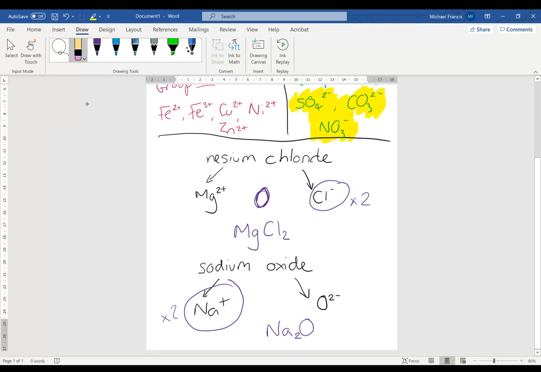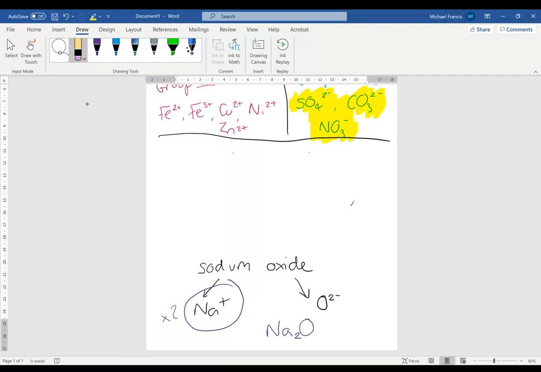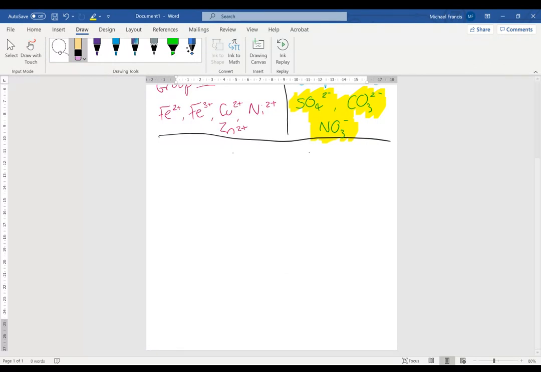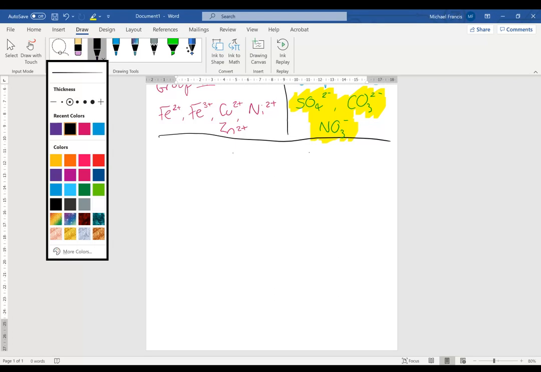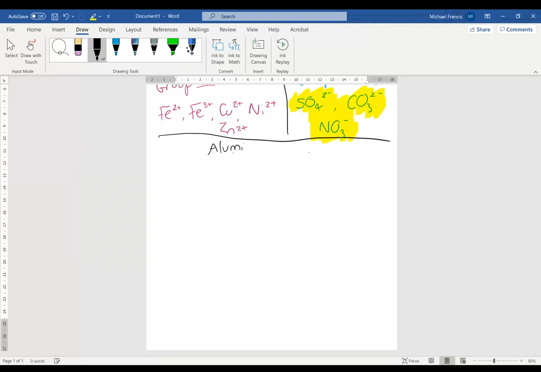Let's try a couple of trickier ones. Okay, let's do aluminium oxide. Okay, so aluminium is +3 and oxygen is -2. Now this time, I can't just multiply one of them, because if I multiply -2 by 2, I get -4.